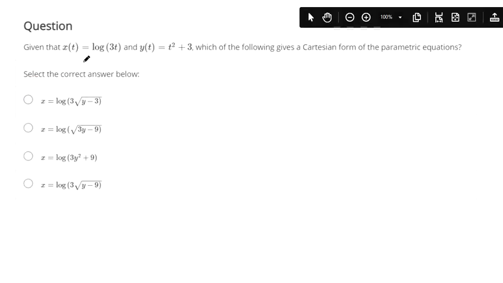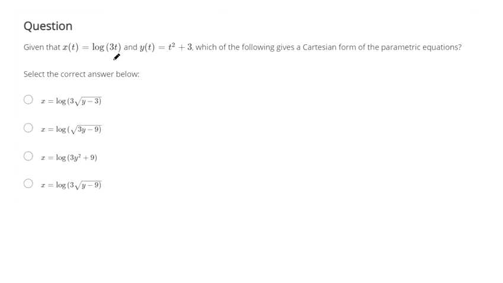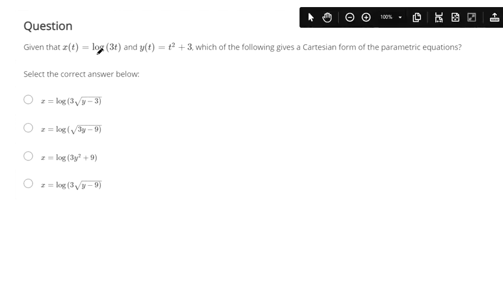For this one, we have x and y being defined in terms of t involving a logarithm. If we use our properties of logarithms to rewrite it, it's going to be 10 to the x equals 3t. So based on what we see over here, all these involve getting x by itself. We could try to get y by itself, and that's not going to help us answer this question.